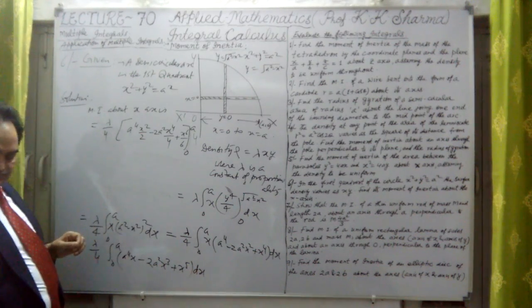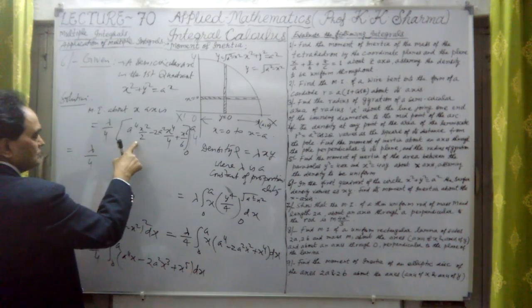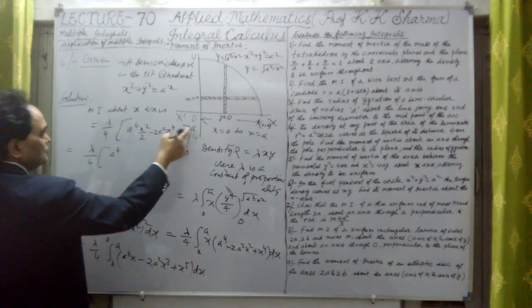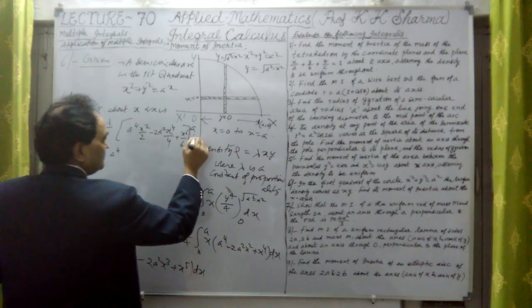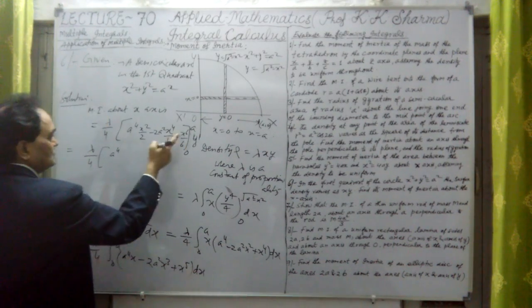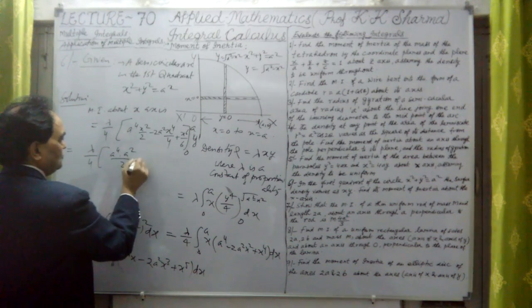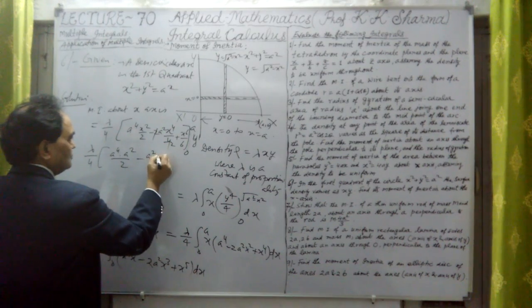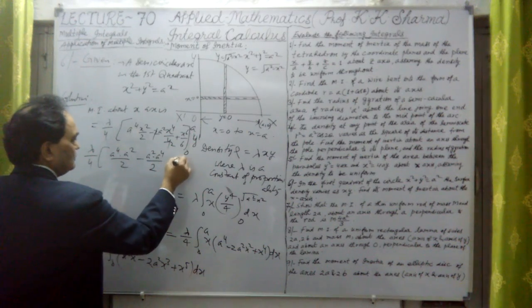Putting lambda upon 4, in bracket a⁴ into a square upon 2, because only the upper limit is to be substituted here, minus twice a square into a⁴ upon 4, plus a⁶ upon 6.